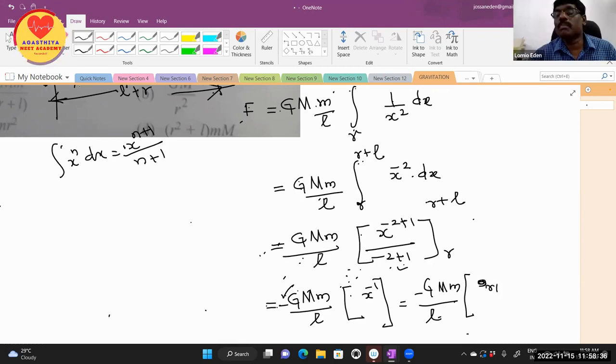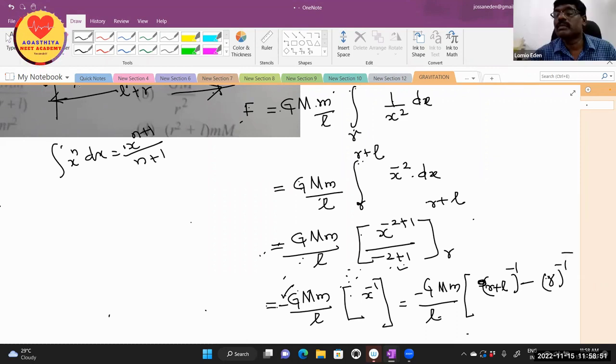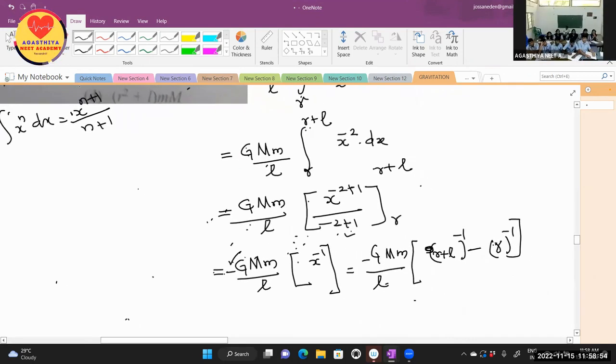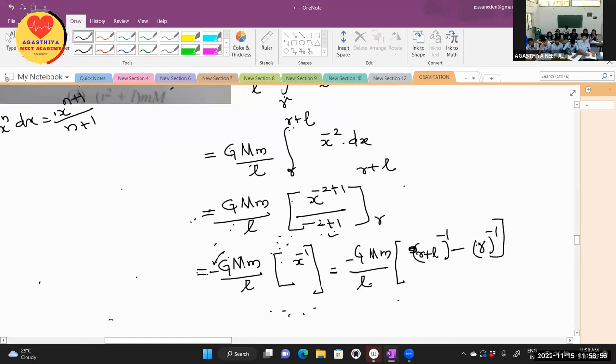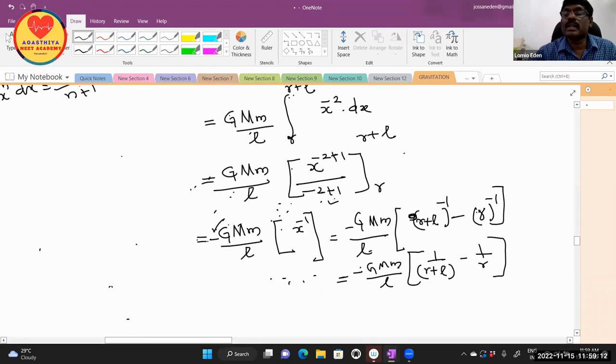Upper limit is R plus L to the power minus 1, and lower limit R to the power minus 1. It can be written like this.